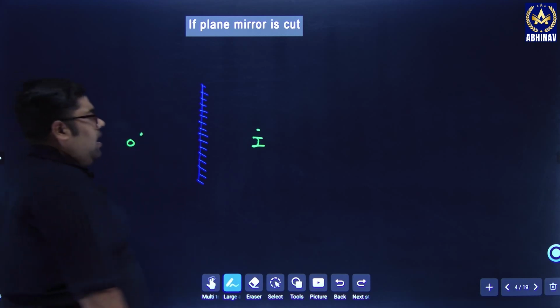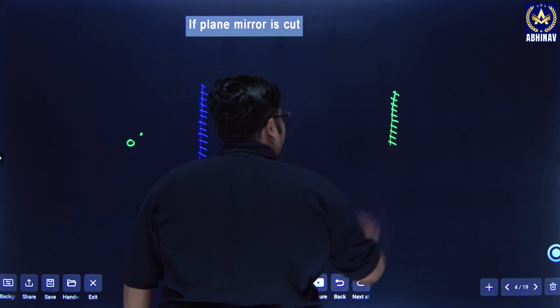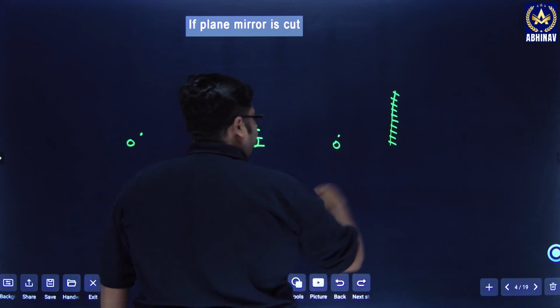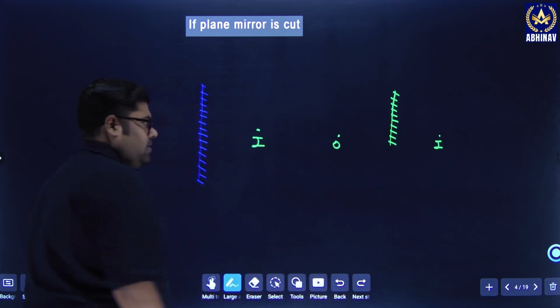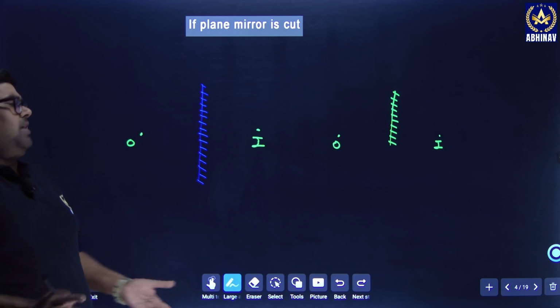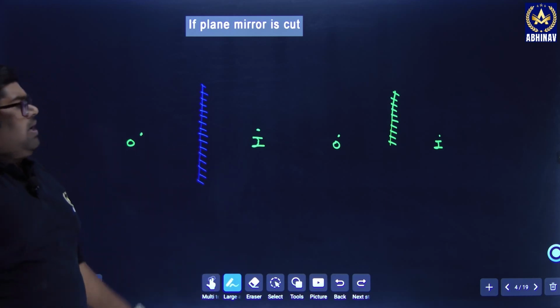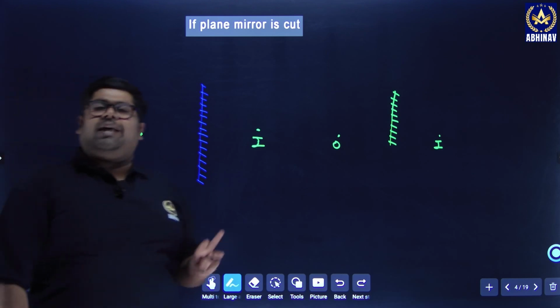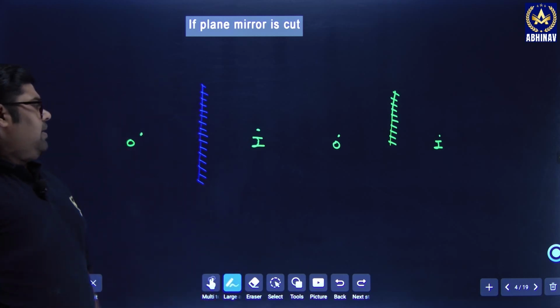Now our question is, what if the mirror is cut into half? So what changes will take place here? See, the object is kept here, so the image will be formed at the exact same distance. So there is no change in the position or size of the image. Okay. Even if a mirror is cut into half, there is no change in the position as well as size of the image formed. Then what will be affected here?